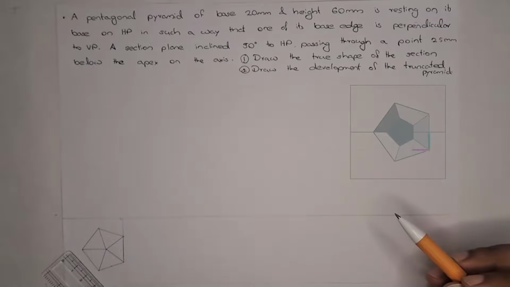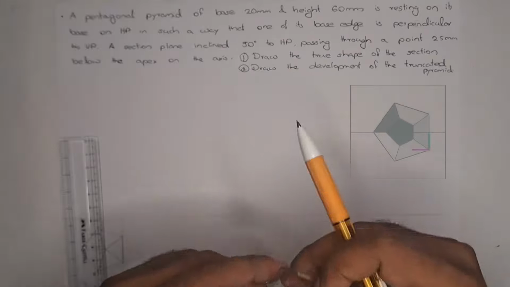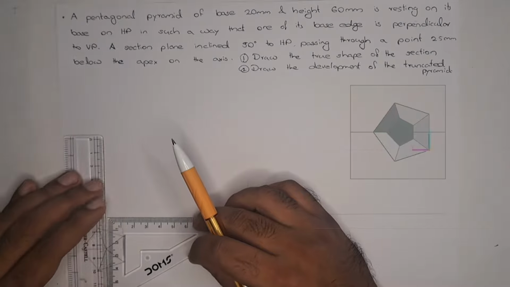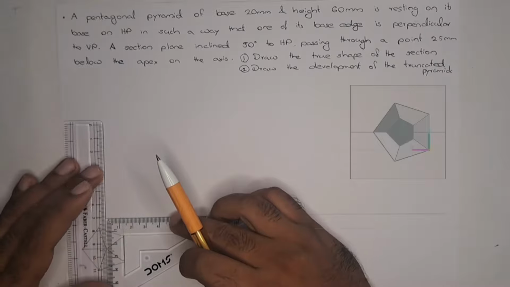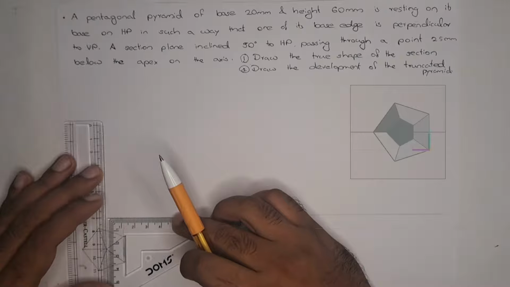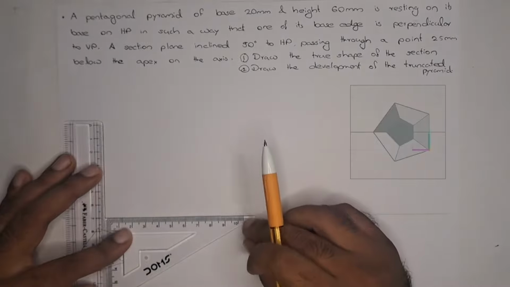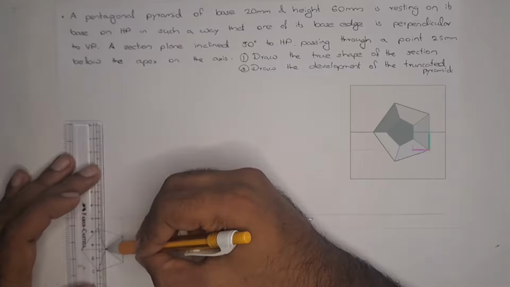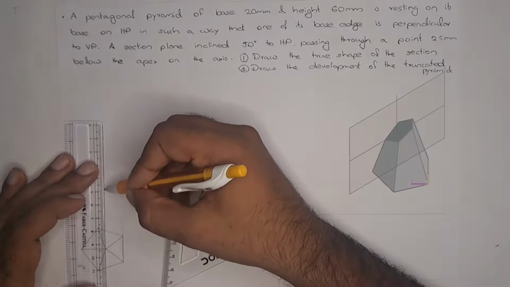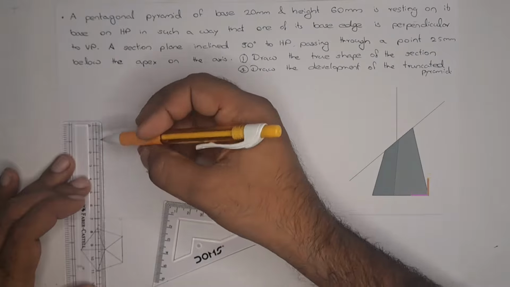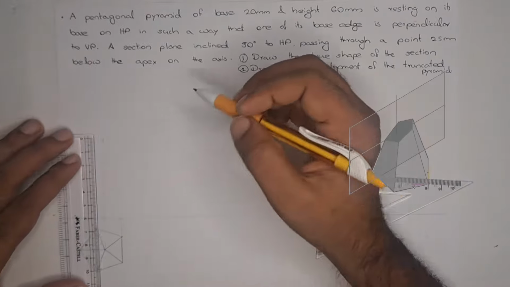So this is the midpoint or the axis line. Now we can draw the perpendicular line from here and mark the distance. So we mark the 60 mm here.